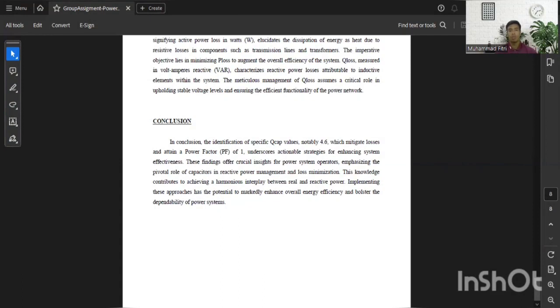This finding offers crucial insight for power system operators, emphasizing the pivotal role of capacitors in reactive power management and loss minimization. This knowledge contributes to achieving a harmonious interplay between real and reactive power. And last, implementing this approach has the potential to remarkably enhance overall energy efficiency and bolster the dependability of the power system. That's all for our group.